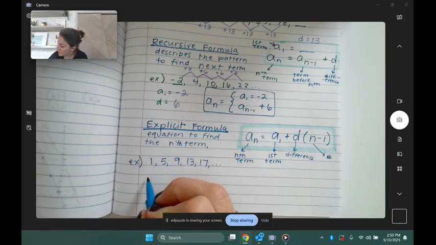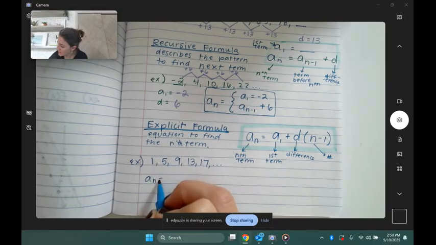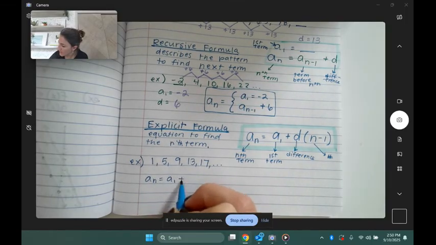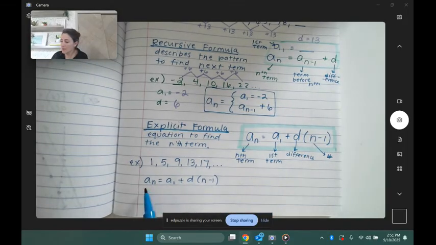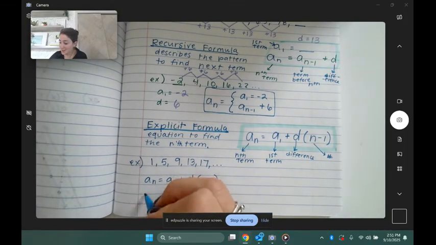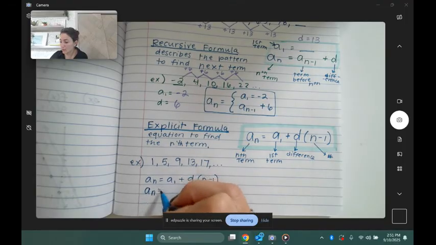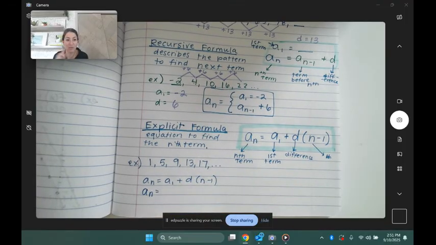So I'm going to write the equation here just so we can plug them all in. Plus d times n minus 1. So I'm trying to find a sub n. I'm going to leave that. Equals, I can find the first term. The first term of this sequence is 1.